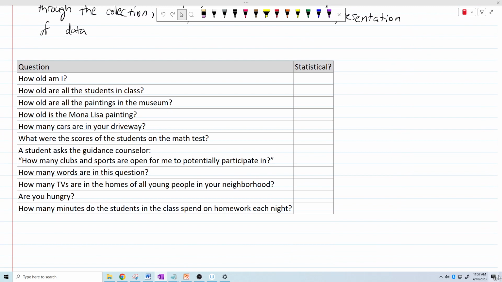I've got a few questions to ask here, and this will help us understand if data that we're going to collect is statistical or not. And you may see a pattern emerge.